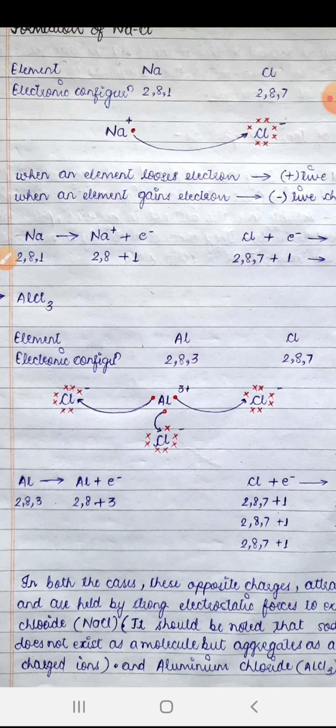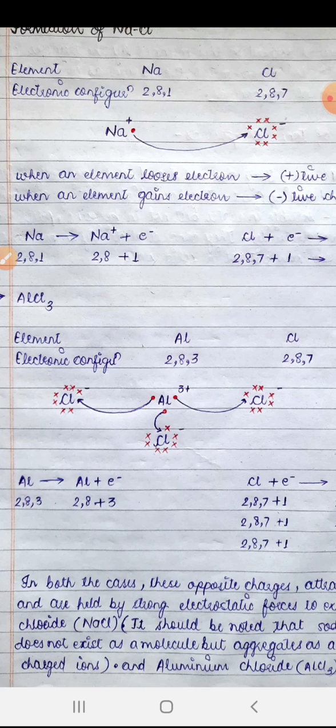So now aluminium has 3 electrons in its valence shell, which means it has two options. It can lose 3 electrons or it can gain 5 electrons. But to gain 5 electrons, more energy will be required, and to lose 3 electrons, a small amount of energy is required.